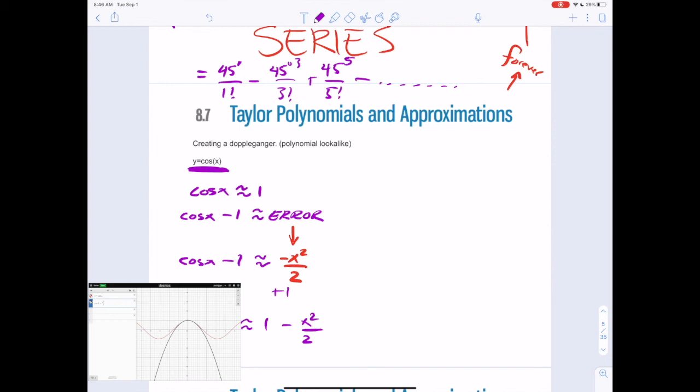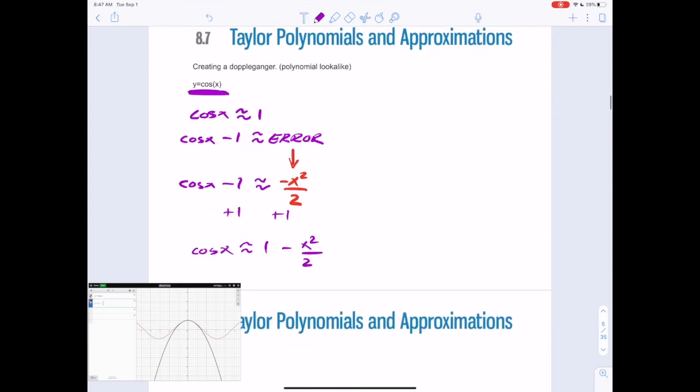So how do we calculate the error? We're going to go ahead and subtract that quantity over back to the other side. Okay, so now cosine x minus the quantity 1 minus x squared over 2 will be our error. And one more time, remember, error is just the distance between the two functions. So let's graph this and see what happens. Cosine x minus the quantity of all that there.